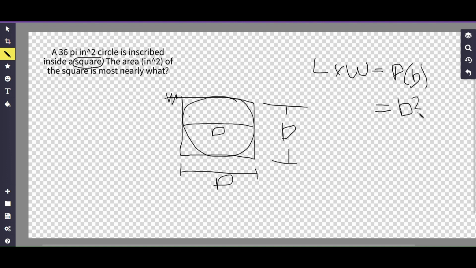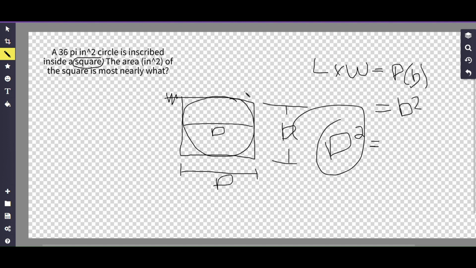Okay, now that we know that, we have let d become the diameter of the circle along with the side, giving us a formula such as d squared, the area of the square, relating to the area of the circle.